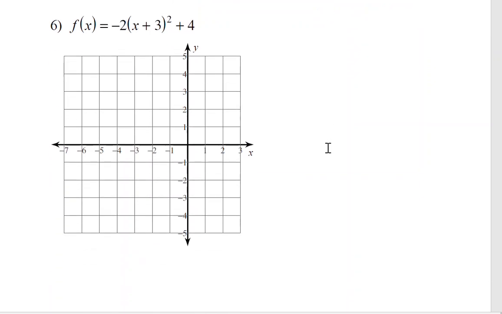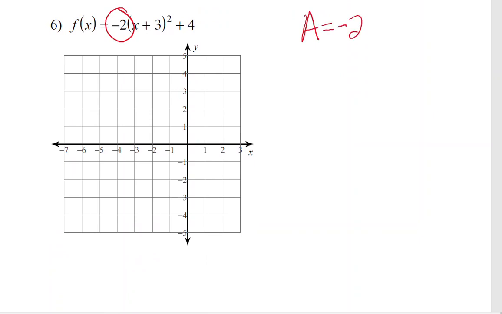Let's look at another example. Here, the a value is negative 2. Because the a value is a negative number, that means my parabola opens down. So I'm going to find the vertex, and I know my parabola is going to go down. The vertex is (h, k).